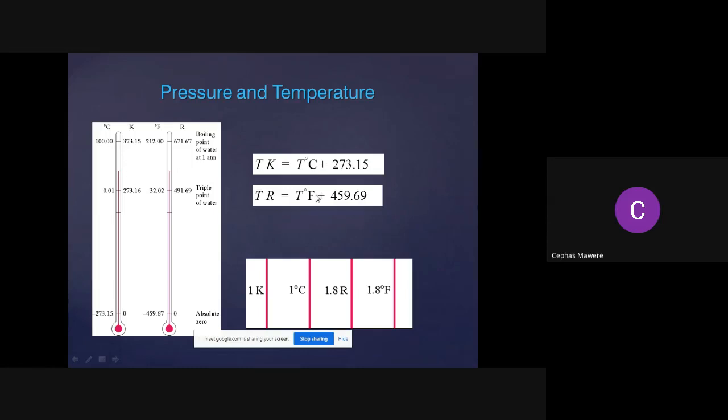It should be your degrees Celsius plus 32, plus 32 somewhere there. I'll have to double check. So you use these temperature conversions to calculate the final temperature measurement.